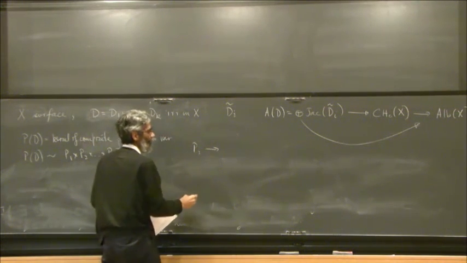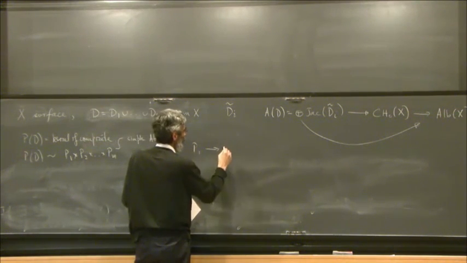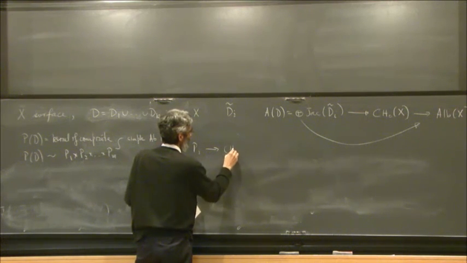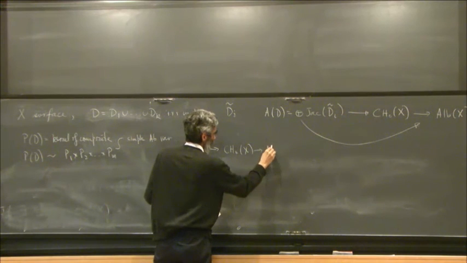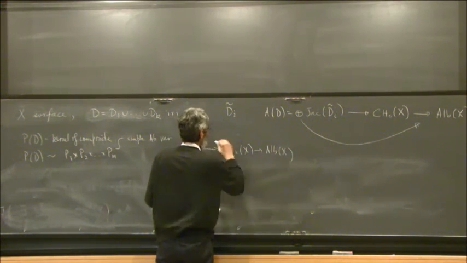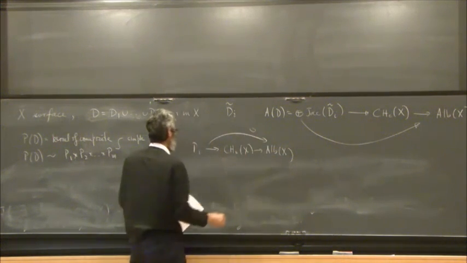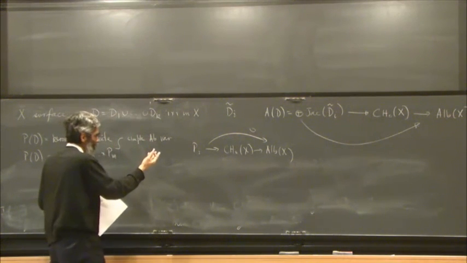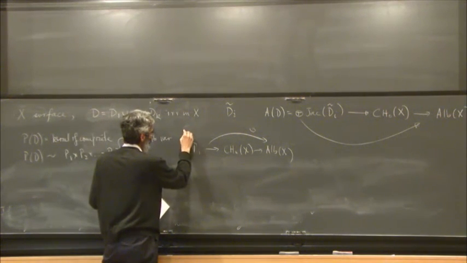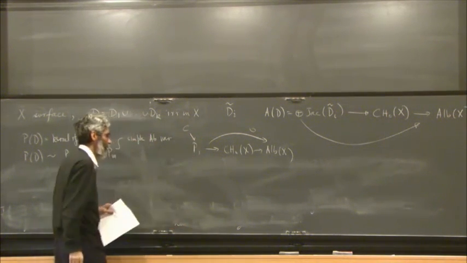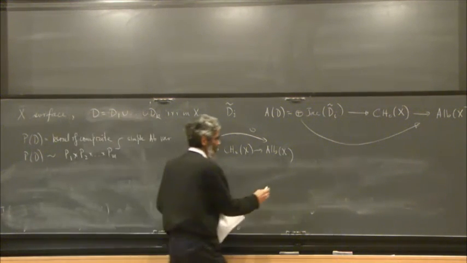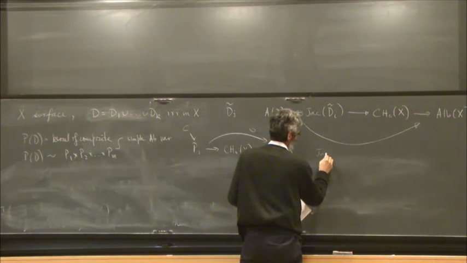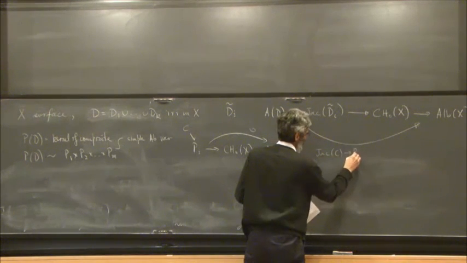But let me just, so given one of these things here, you have got these maps to Alb X, and this composite is 0. So it's not necessary, but you could take a curve C which maps to that, so that the Jacobian surjects, the map to P_i is onto.